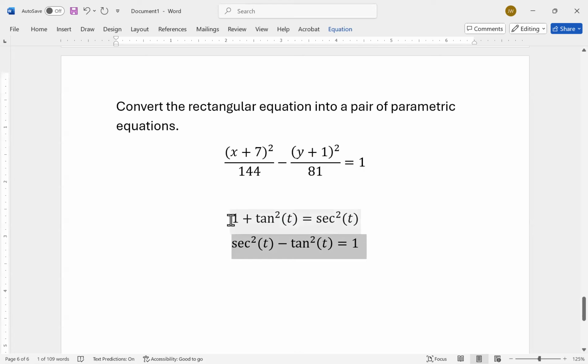If you want to use this other version of the Pythagorean identity and add the fraction to both sides, that's perfectly fine too.